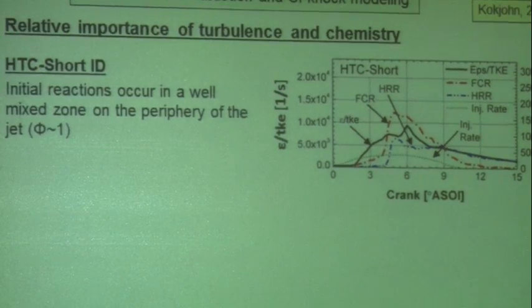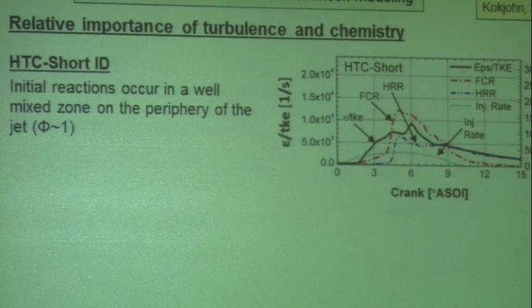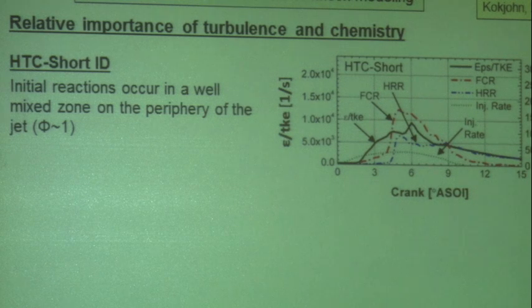It's a measure of the equivalence ratio. Obviously, if it's too lean, you're not going to see any flame. If it's too rich, you're not going to see any flame. Right, and that's what you saw in the low temperature combustion case. You spread the equivalence ratio over a larger range, right?